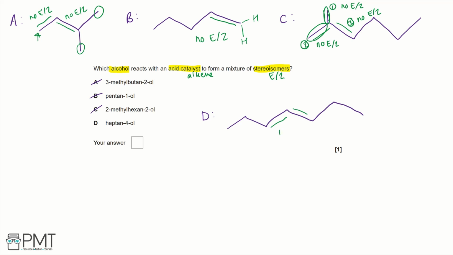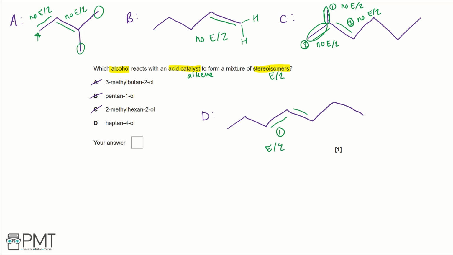So if we look at the first one, we have a hydrogen here, so we're going to have a high priority group here, and then we have a hydrogen here, so this group is going to be our high priority group. So we do have EZ isomerism for alkene 1, so that's good.